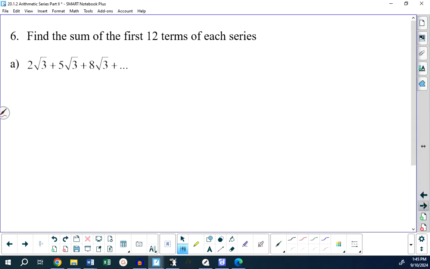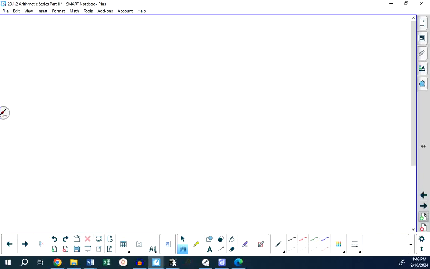Okay, find the sum of the first 12 terms. Okay, so I want to write this out, just spaced out a little bit more. Can somebody tell me what 5x means?